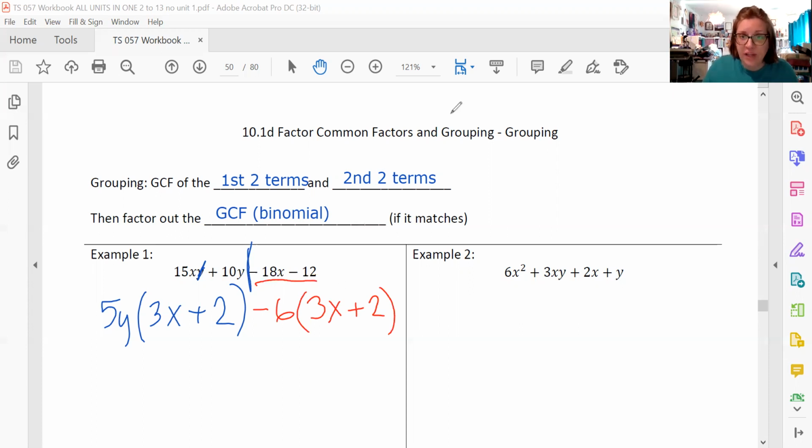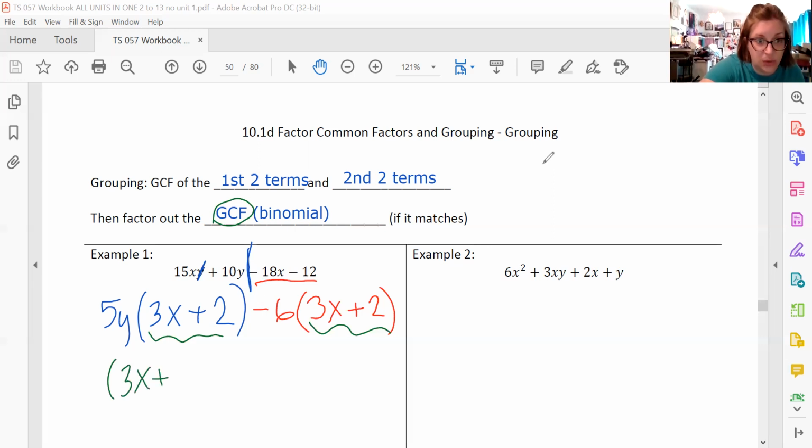And now, hopefully you notice that this one and this one are the same. Isn't that interesting? So this is that GCF binomial that I was talking about. I can factor that out of the whole thing. So I'm going to take 3x plus 2 and factor that out, because that's going to get rid of it right there.